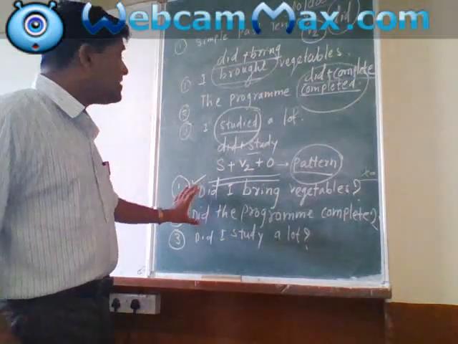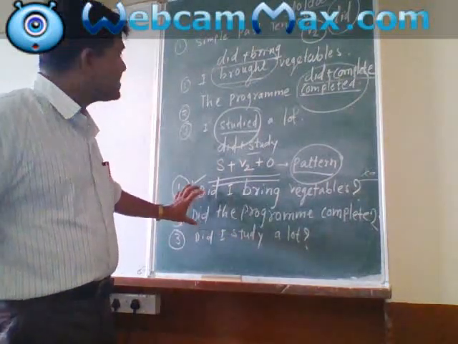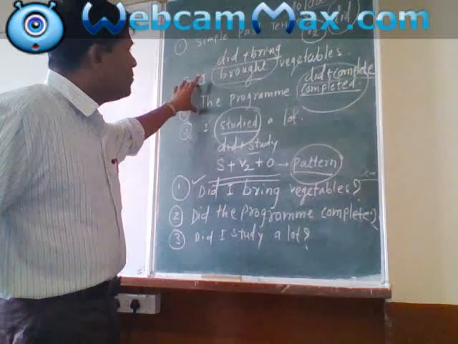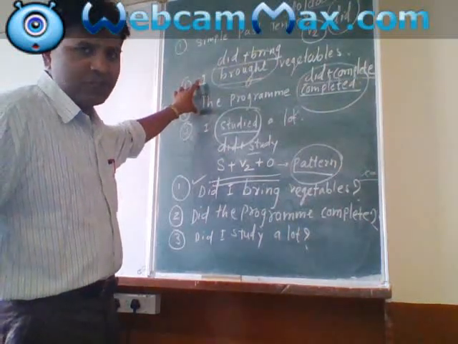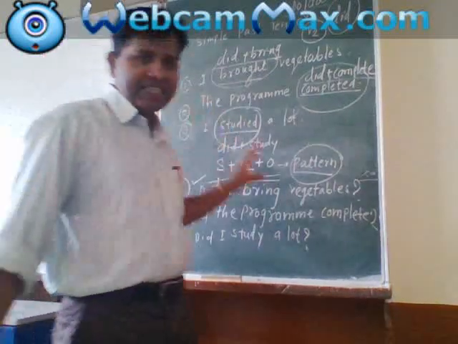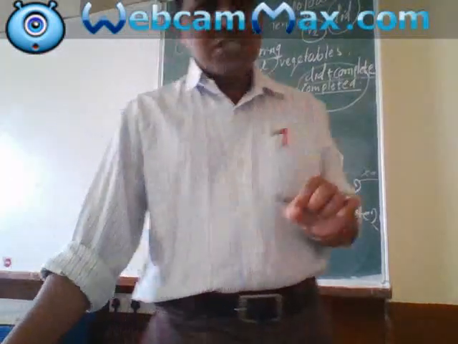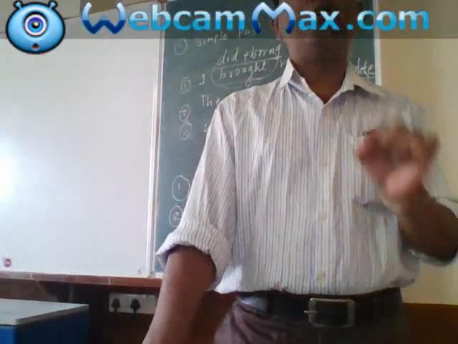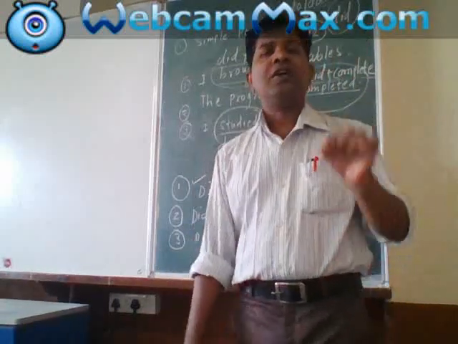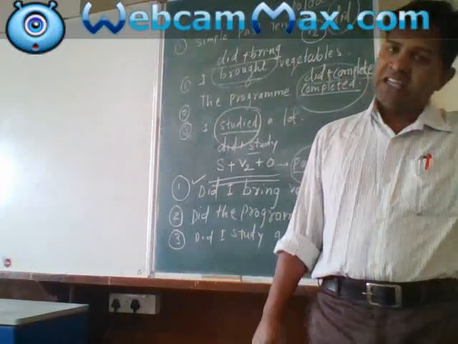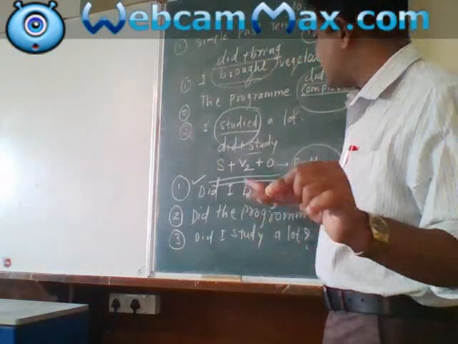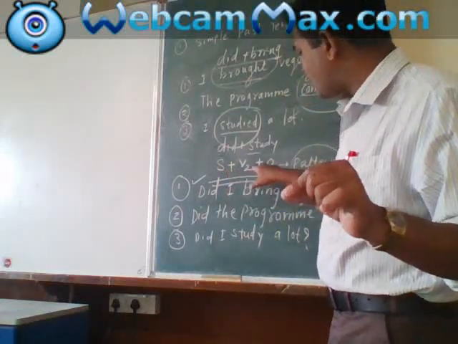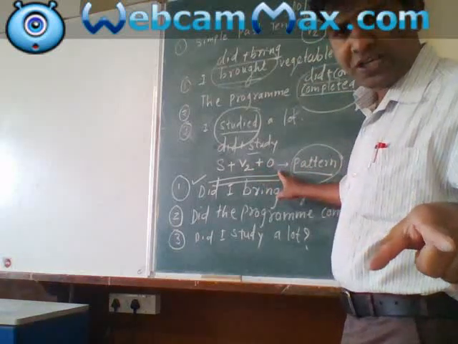Okay, so these are interrogative sentences of the above three examples of simple past tense. So once again I say, here we use simple past to denote our regular habits in the past, and the pattern of simple past tense is subject plus V2 plus object.